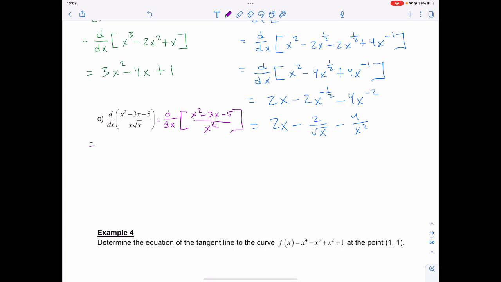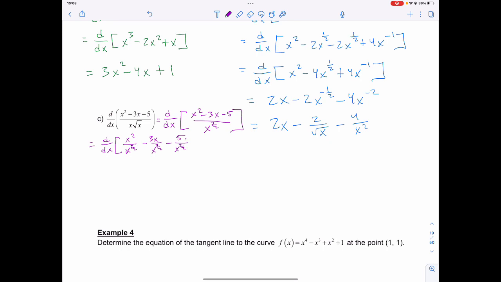Which means that this is d over dx of x squared over x to the 3 over 2 minus 3x over x to the 3 over 2 minus 5 over x to the 3 over 2.